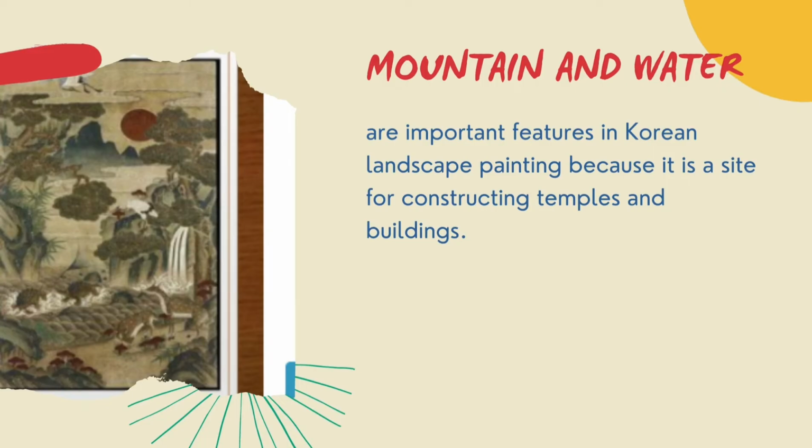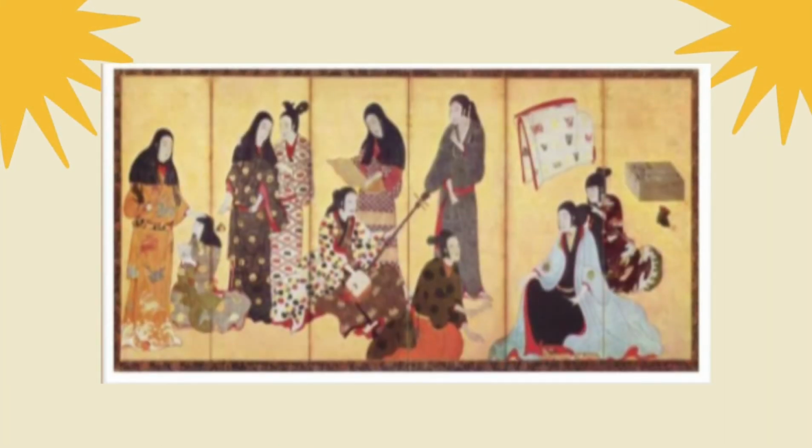It is said that until the Joseon dynasty, the primary influence on Korean paintings was Chinese painting. Mountains and water are important features of Korean landscape painting because they are a site for constructing temples and buildings. Now, this is an example of a painting which shows the daily lives of people from Korea.